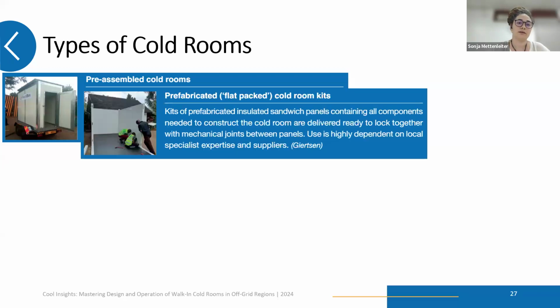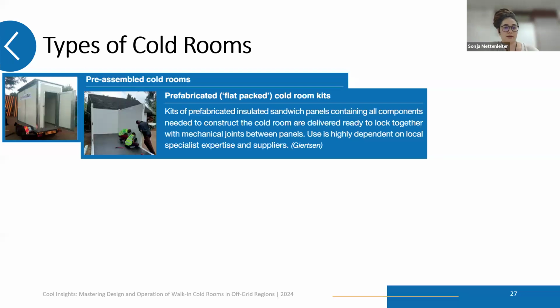That's why one of the more common ones are the prefabricated or flat pack cold room kits. That comes as a kit with sandwich panels, which are then assembled on site, on location.